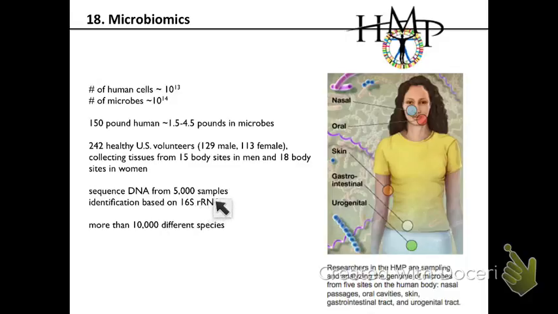That gene tells you what kind of microbes or what group of microbes are in the sample. And so after that study, they found that there were at least 10,000 different species living in a human body, right?